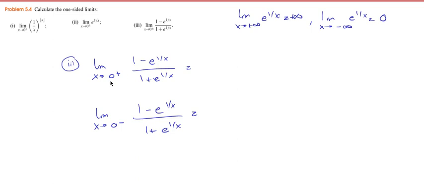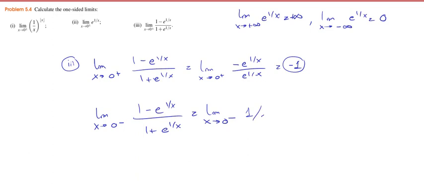So when x goes to 0 from the right, e to the 1 over x is much greater than 1, so we can rewrite the limit as minus e to the 1 over x divided by e to the 1 over x, which is minus 1. And when x goes to 0 from the left, e to the 1 over x goes to 0, so this is the limit of 1 over 1, which is 1.